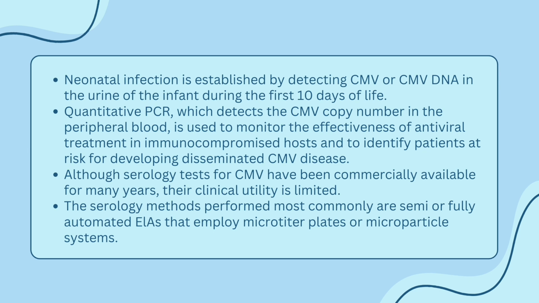Although serology tests for CMV have been commercially available for many years, clinical utility is limited. The serology methods performed most commonly are semi or fully automated EIAs that employ microtiter plates or microparticle systems.